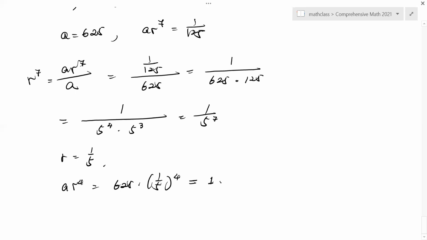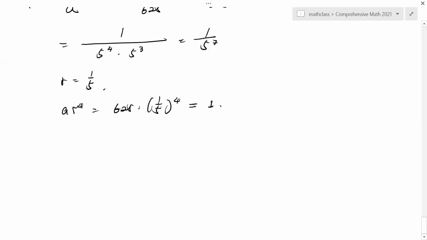Okay, so this is about the geometric sequence, and now we're going to consider another type of sequence. So our next problem is, if the pattern continues, what is the next term in the sequence?